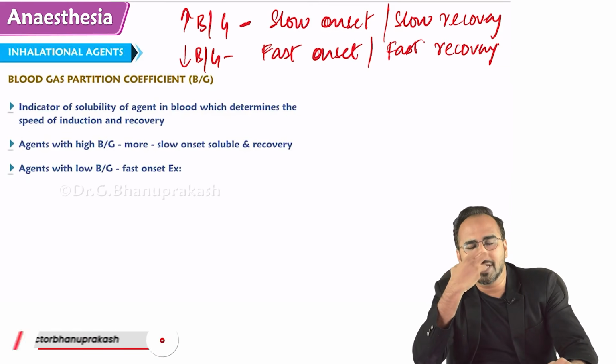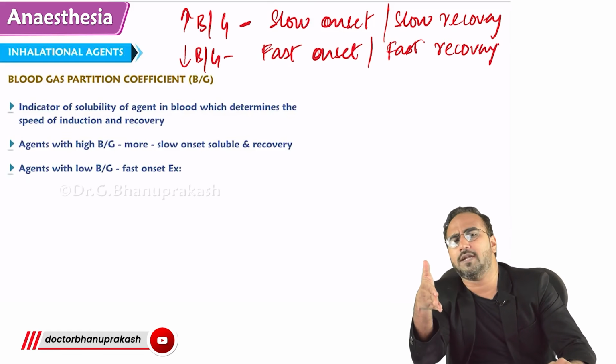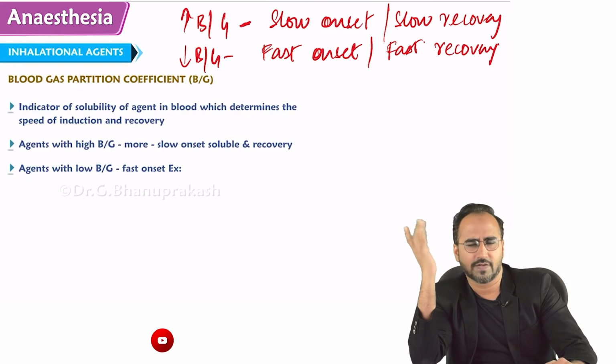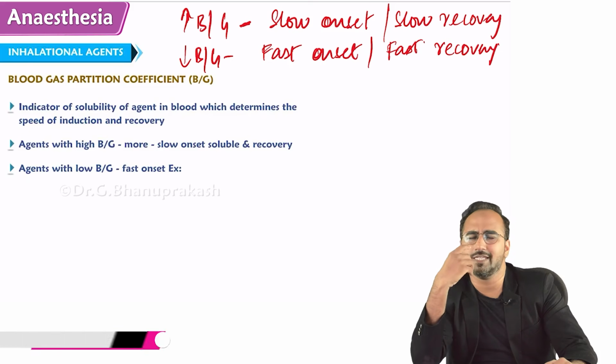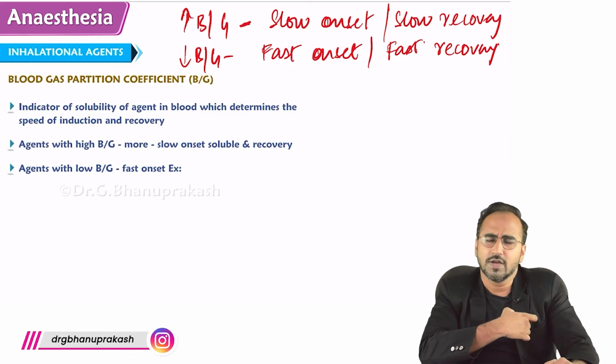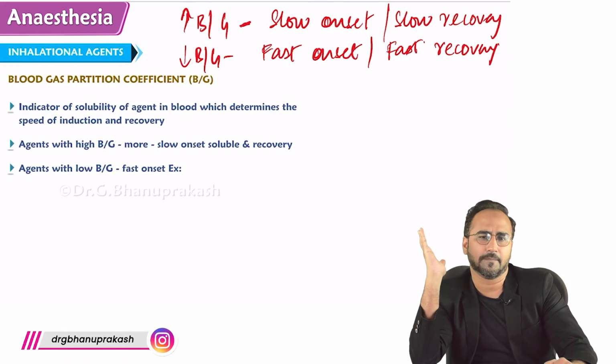Those inhaled fumes go towards the lungs. From the lungs, they get absorbed into the blood. From the blood, it has to reach the destination, that is the brain. The final destination is the brain, right? So first they go to the lungs, from the lungs they go to the blood, and from the blood they have to reach the brain.